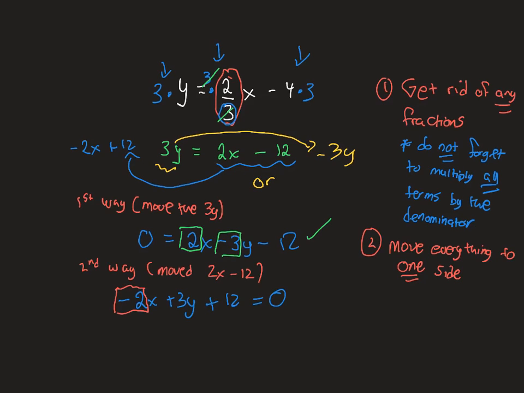And as we know, we cannot have a negative number beside my x. So, this would mean now you need to multiply everything by negative 1, which would end up changing the negative 2 into positive 2x, this into minus 3y, and this into minus 12.